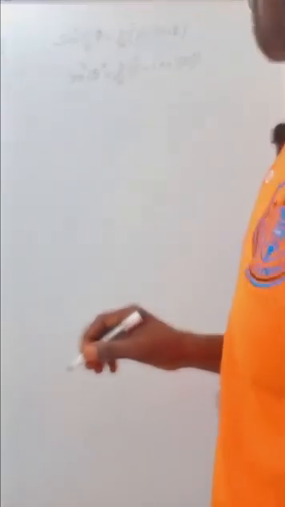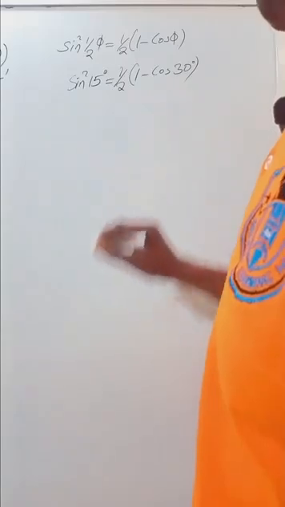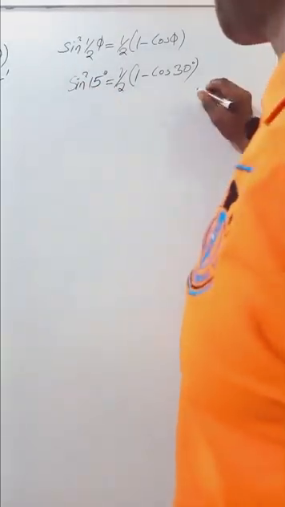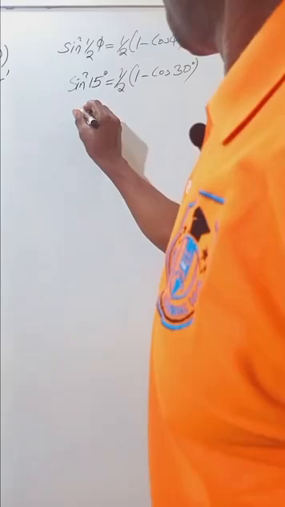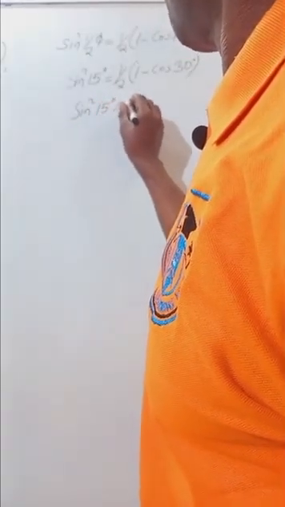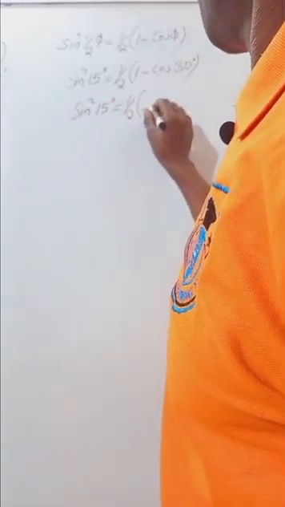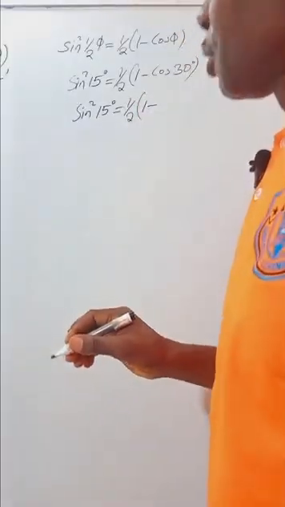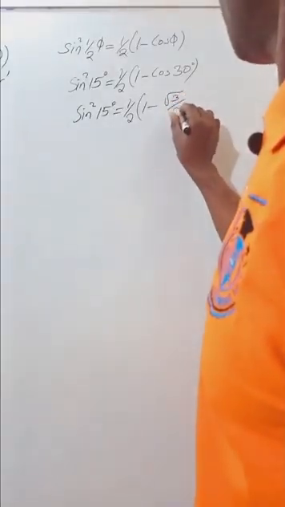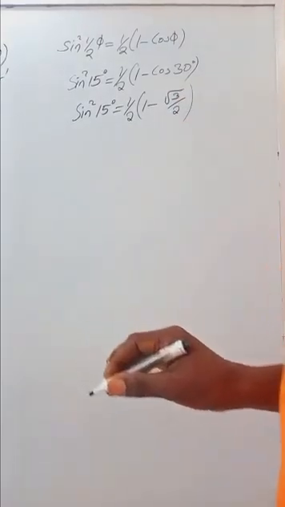Okay, what is sine 15? We're supposed to get it with respect to what we have on the right hand side. So we shall have sine squared 15 degrees equal to a half, then 1 minus cos of 30. Cos of 30 is root 3 over 2.